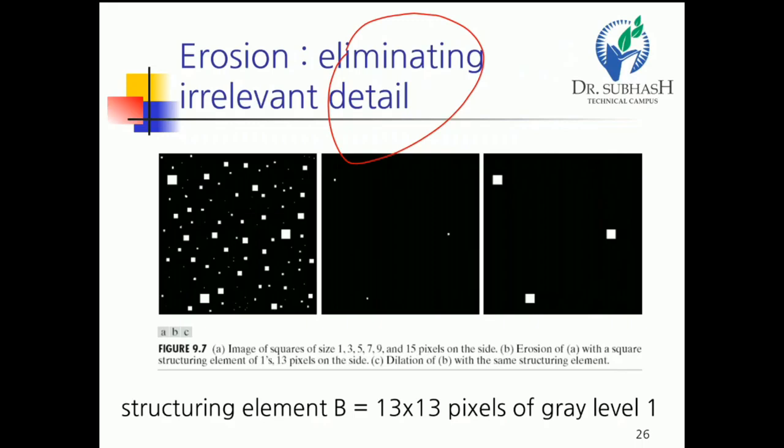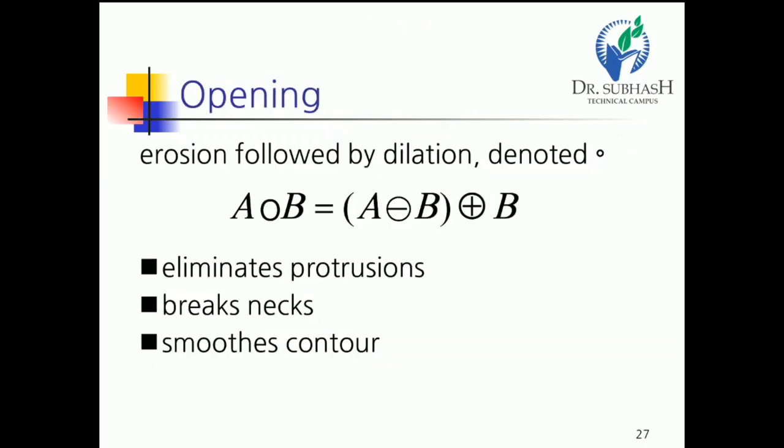In figure B, there is an erosion of A with a square structuring element of 13 pixels on a side, and in figure C, there is a dilation of figure B with the same structuring element. The structuring element can be 13 by 13 pixels of gray level 1.